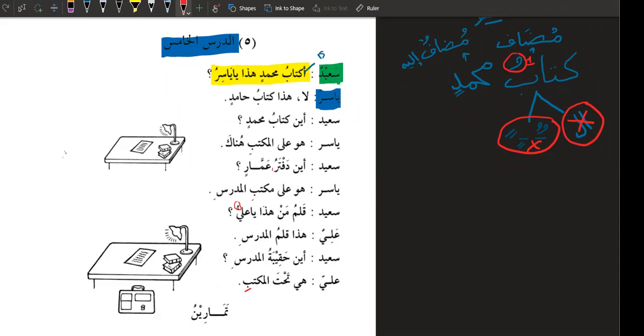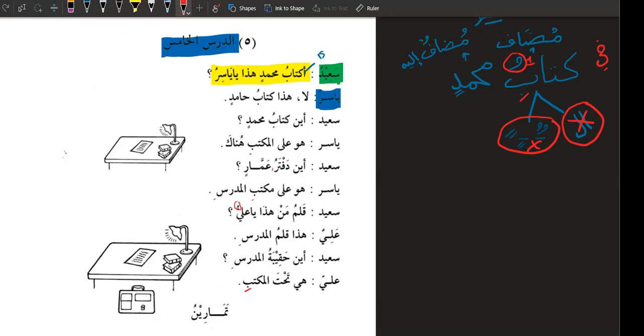We have to say kitabu, one dhamma. Or if it has a preposition that comes before it, like fi, then it changes from a dhamma to a kasra. So we say fi kitabi Muhammadin, in Muhammad's book, or ala kitabi Muhammadin, on Muhammad's book.